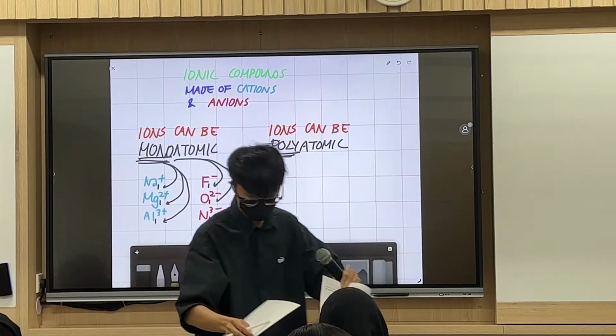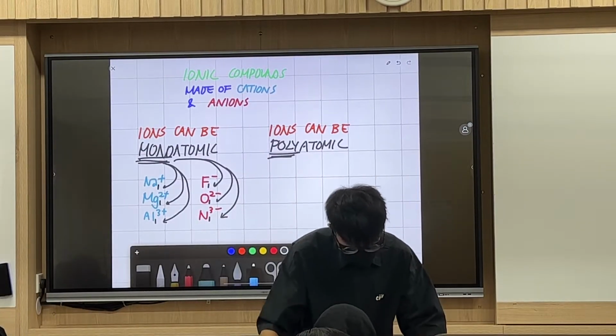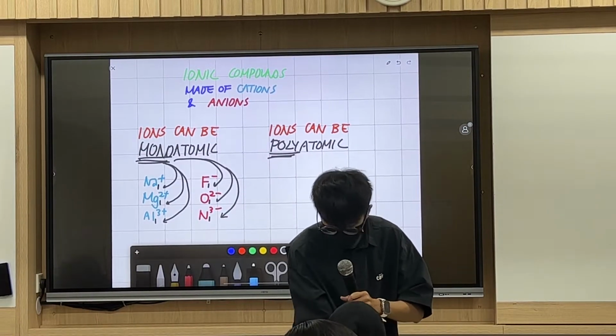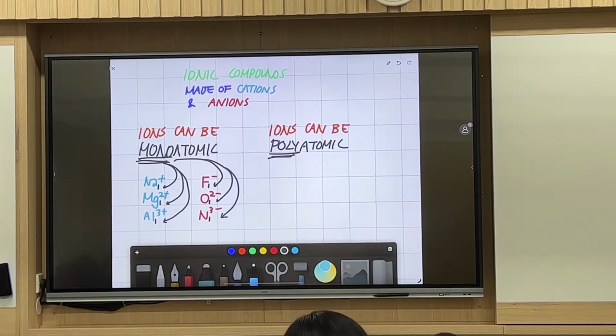So we are working on this one. We are looking at this table. Ions can be polyatomic, like ammonium ion. Can anyone tell me how many atoms you see in a single ammonium ion, NH4+? Remember, when you want to know the number, you read the bottom subscript. How many total atoms do you see in a single NH4+? There are 5.